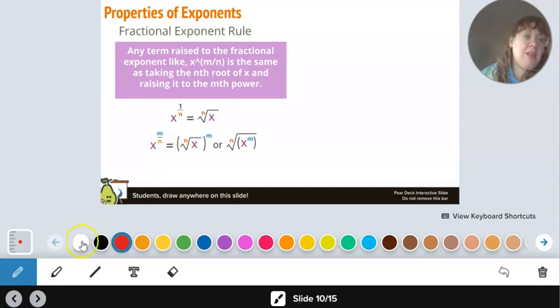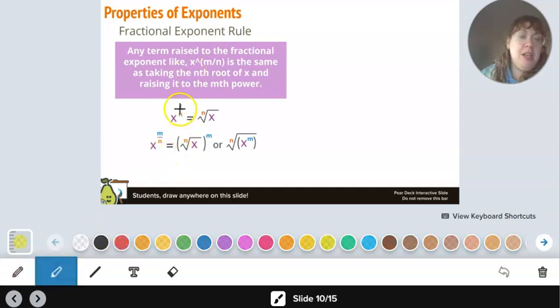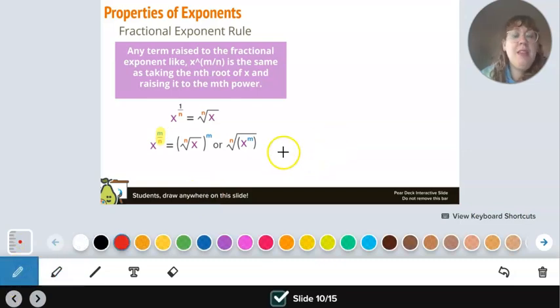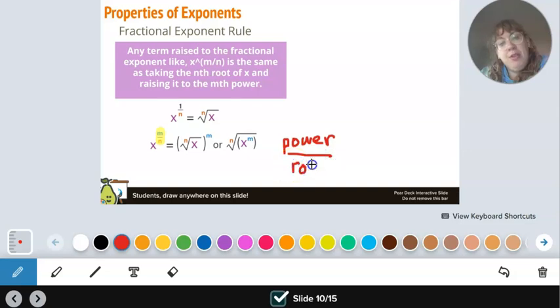So the big thing here, let's look at these examples, is if we have x to the m over n. The way that we think of that fractional exponent, which again just means that our exponent is a fraction, is power on top divided by root on the bottom. So our power is m, so we're going to see that here, raised to the m power.